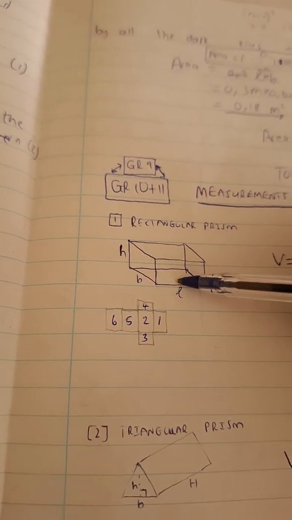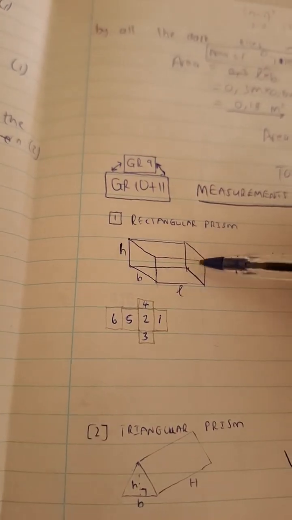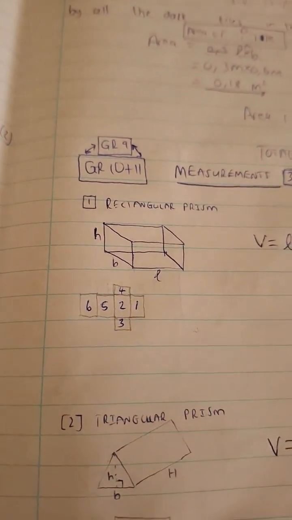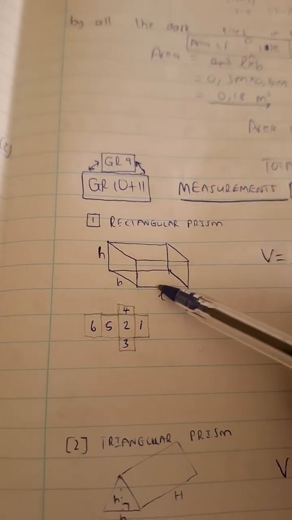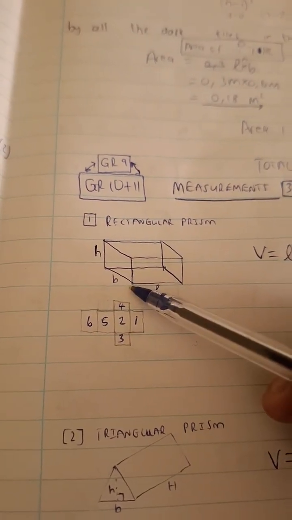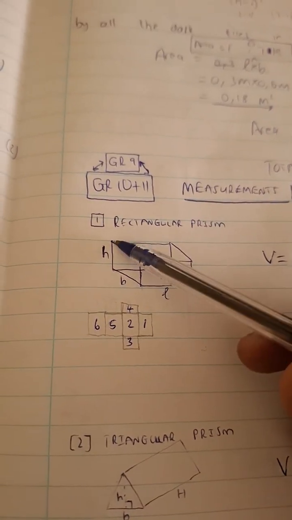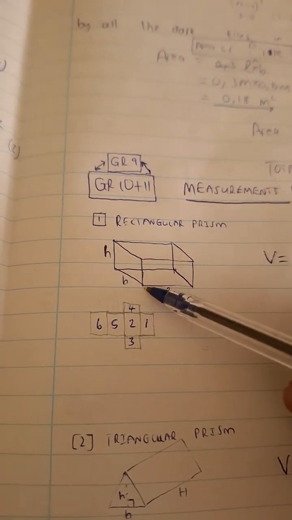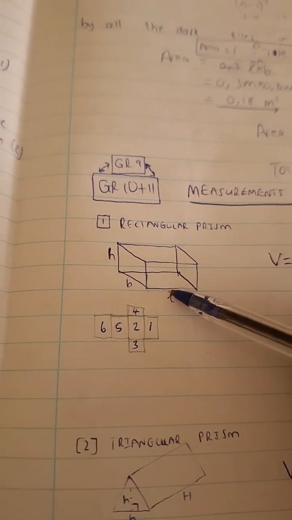The top and the bottom, there's 2 rectangles. They have the same dimensions, L and what? And B. So if we are talking then about the area of these 2 rectangles, we would say length times breadth, but we are not talking only about 1 rectangle, but we are talking about 2 rectangles, because both of them have what? Solid, closed surfaces.